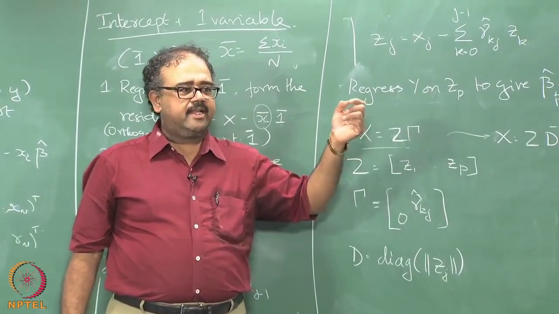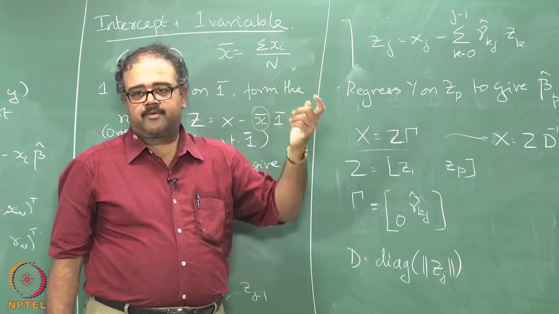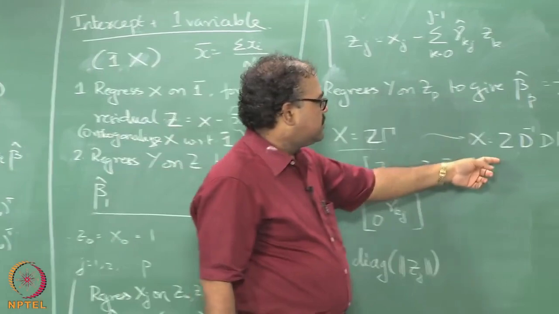So the jth entry in the D matrix would be the inner product of Zj with itself, that is the norm of Zj. So I can write it like this.